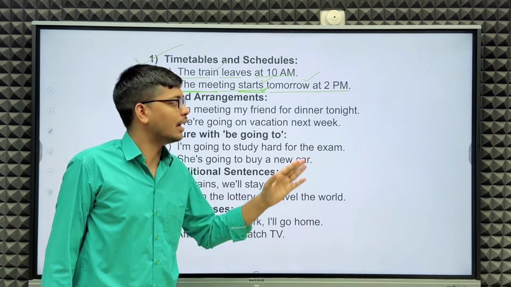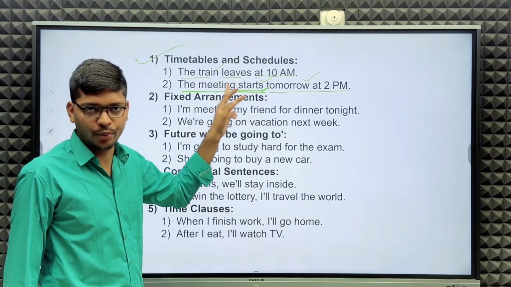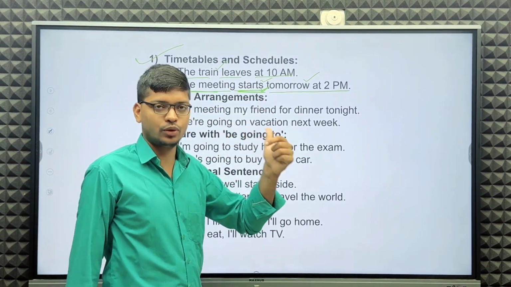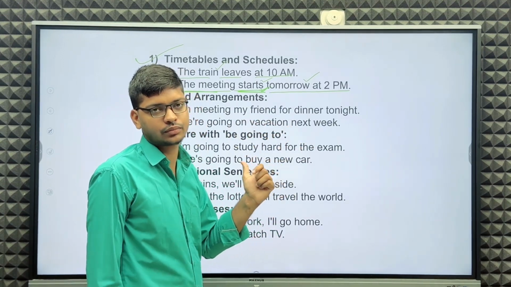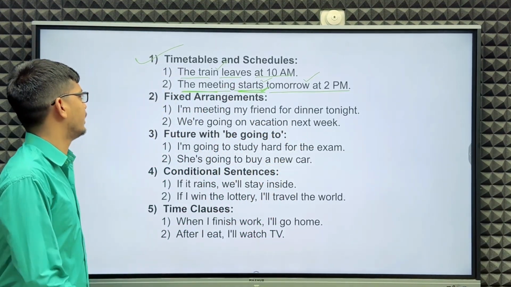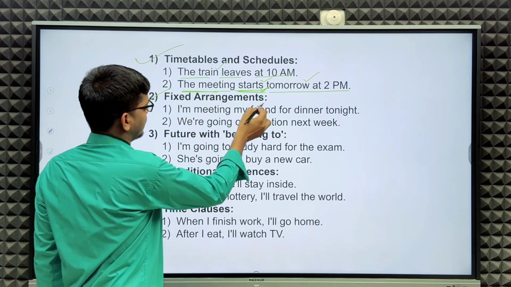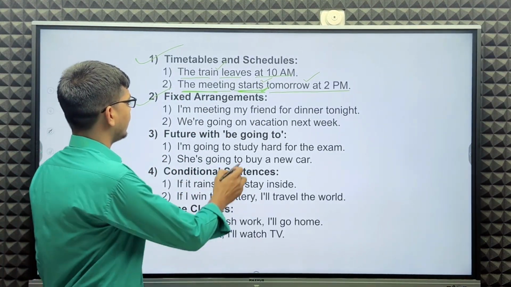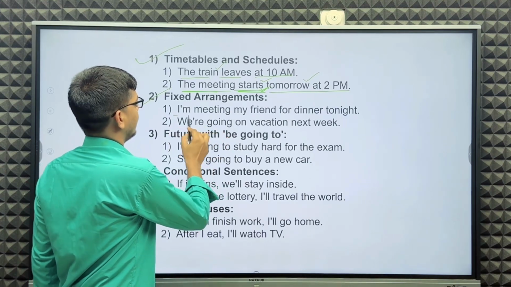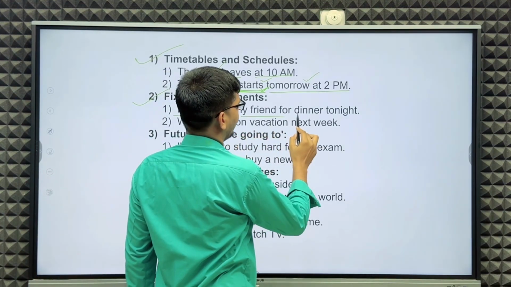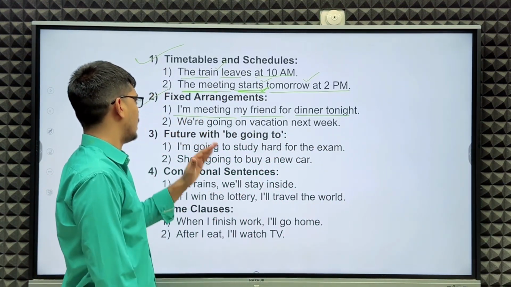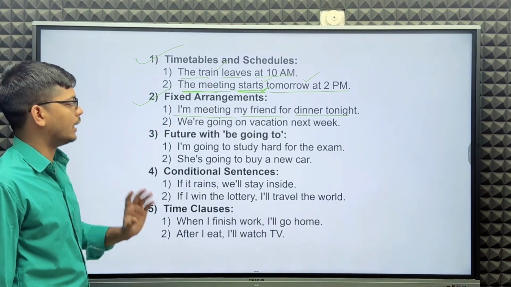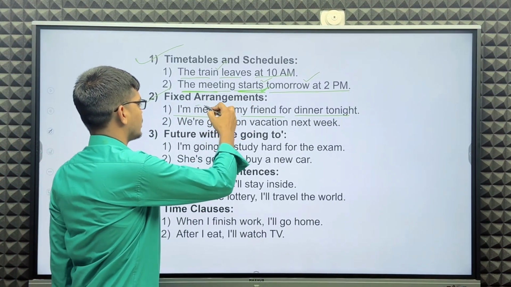In this situation, we added s at the end of the verb, like starts, not start. So we have to add s. Next, fixed arrangements, like I am meeting my friend for dinner tonight. This is a fixed arrangement.